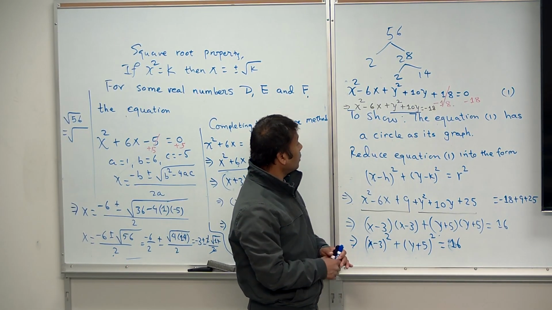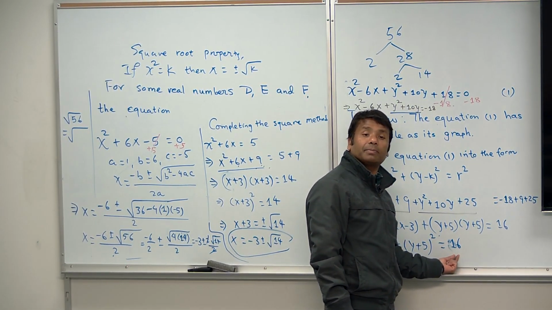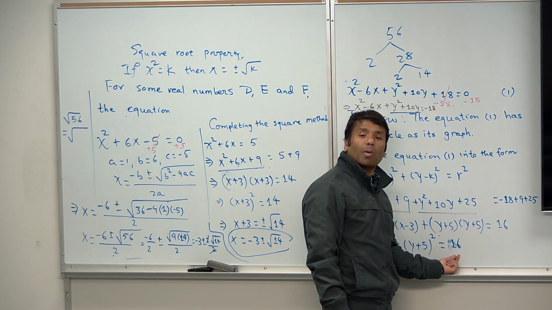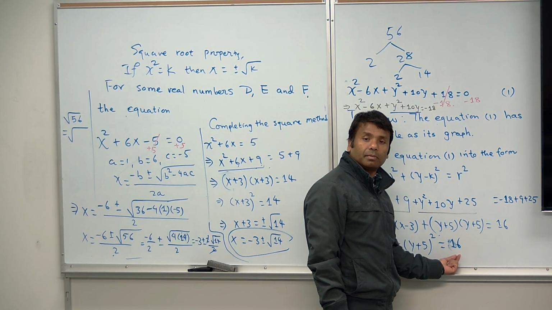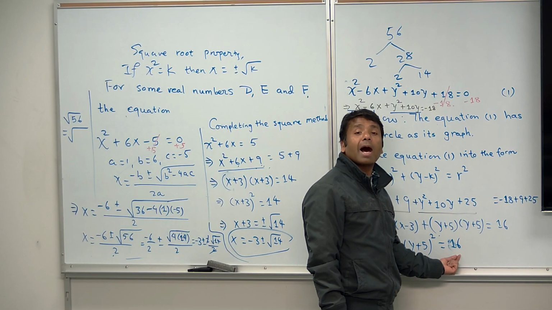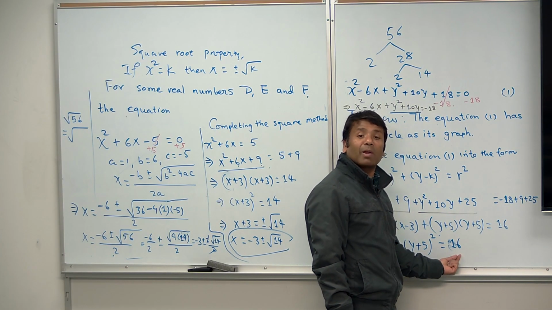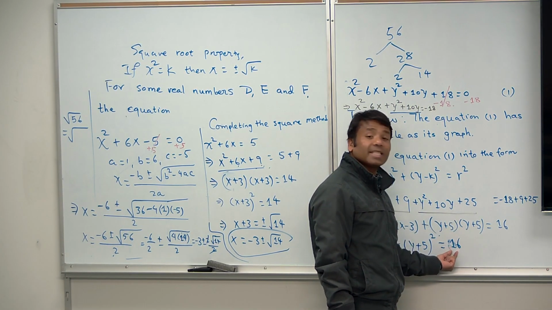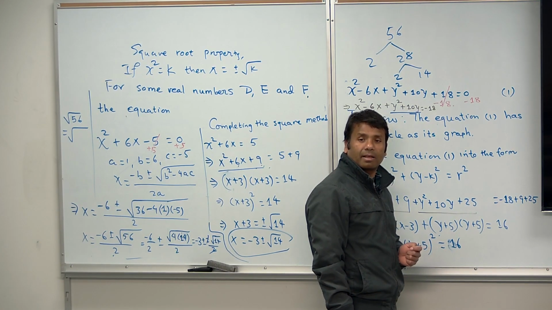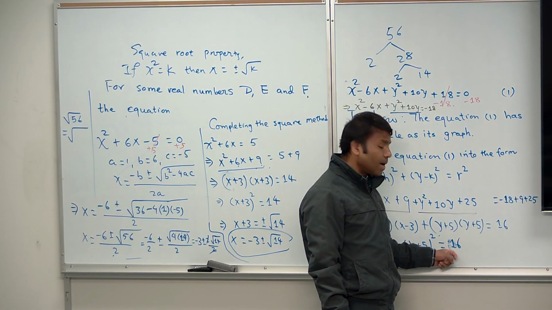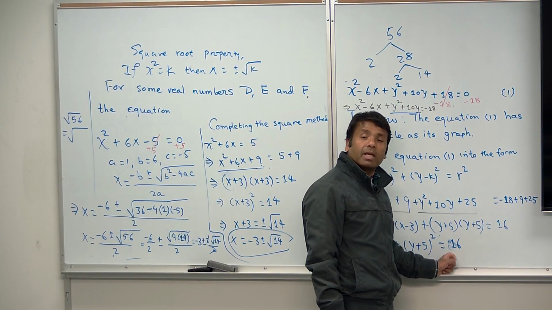And now, so this is the value of r square. Is that right? What is the value of r square? r is 4. The value of r square is 16. That makes sense?